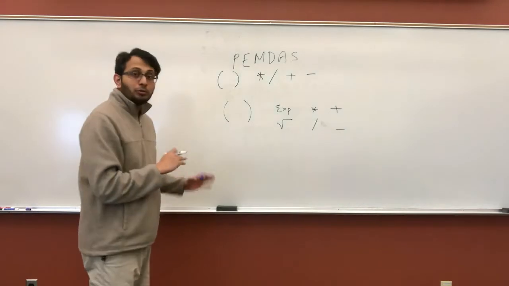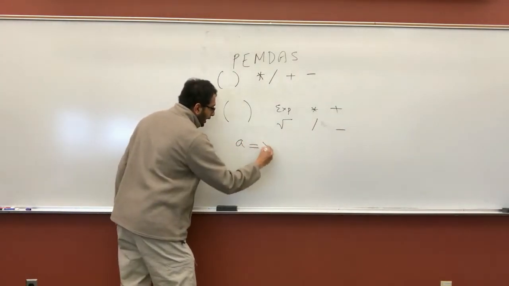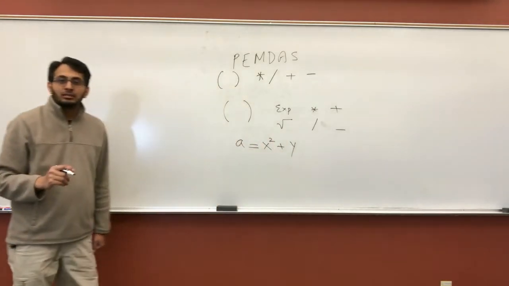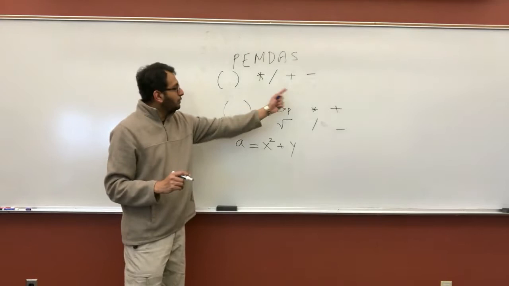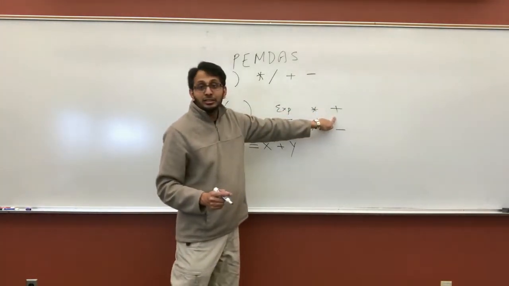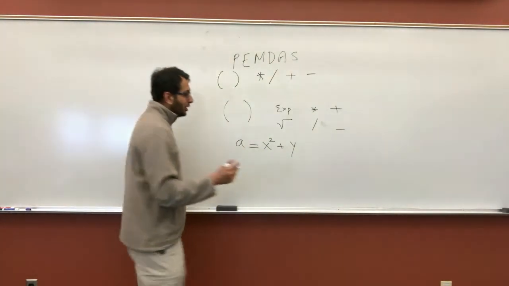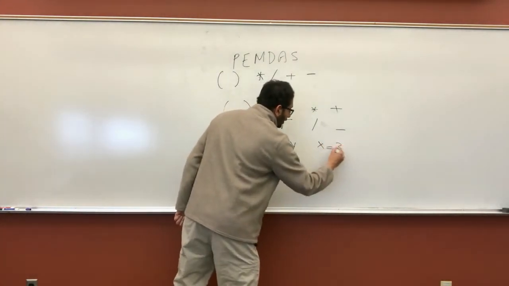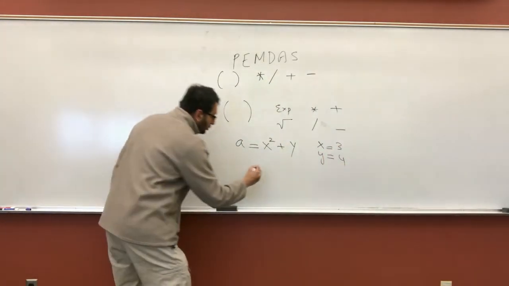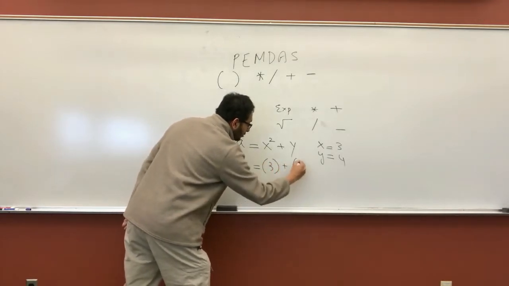So now, if you run into an equation like this, a equals x squared plus y, based on the order of operations, exponents must be solved before the addition. So, if I have x equals 3 and y equals 4, I will substitute 3 in place of x and 4 in place of y.